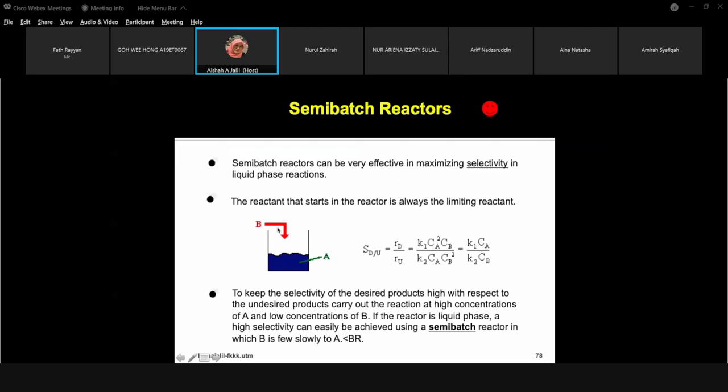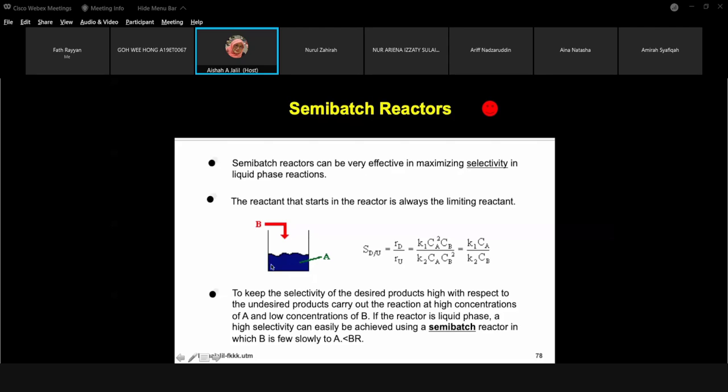Okay, another one, the semi-batch reactor. For chapter 4, the semi-batch, you just remember, not so difficult. What is semi-batch? Semi-batch is like this. This one you see is a batch reactor, right?